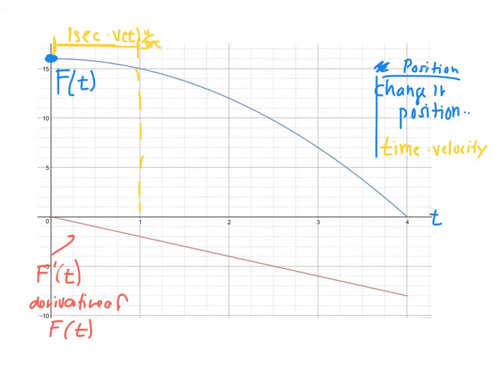So I can estimate the change in my position. I can obviously see, just using the values, what that change in position was, but I could estimate it. If I had 1 second and I was traveling 3 units a second, my change in position would be 3. What we can do is use the velocity function to measure how far we made it in that interval.